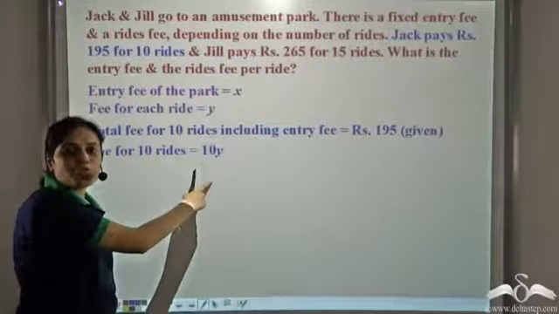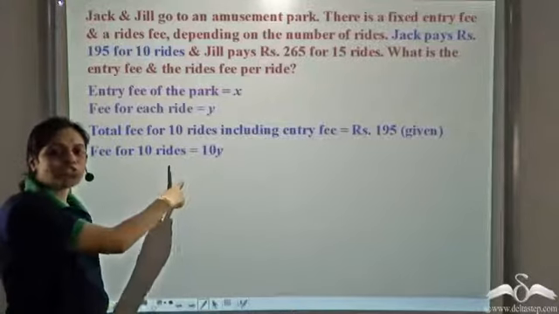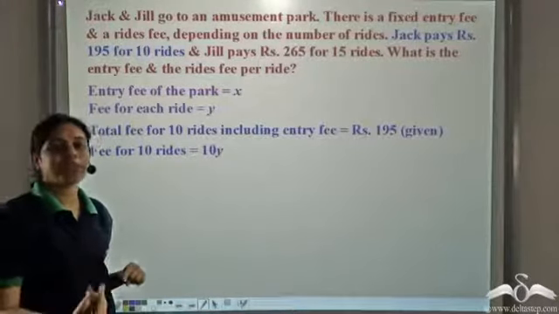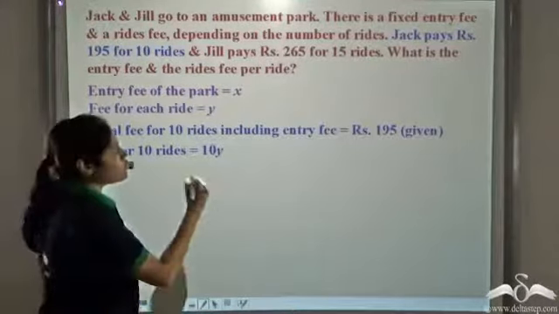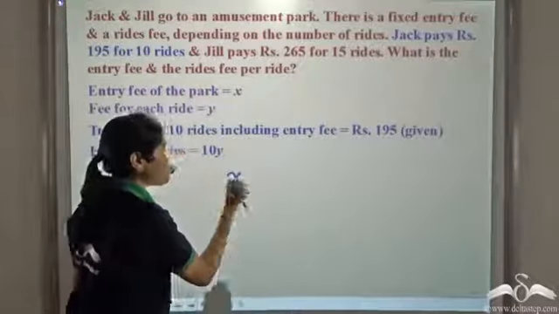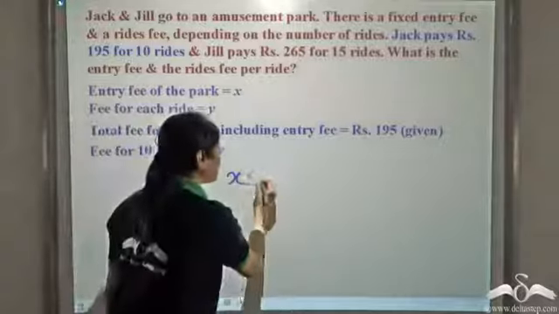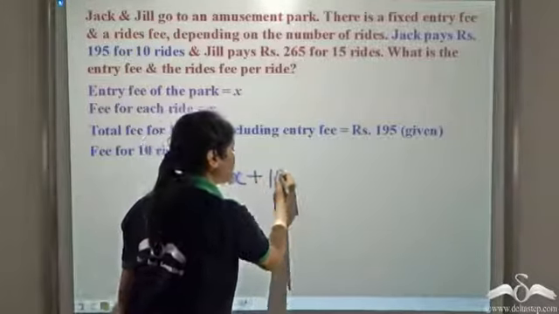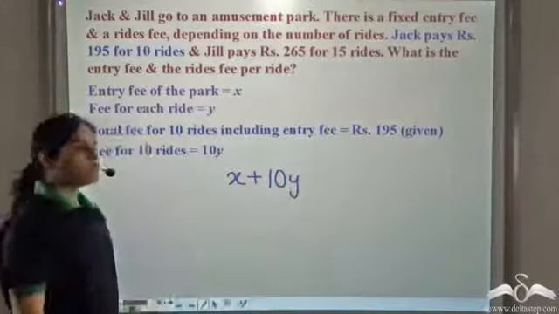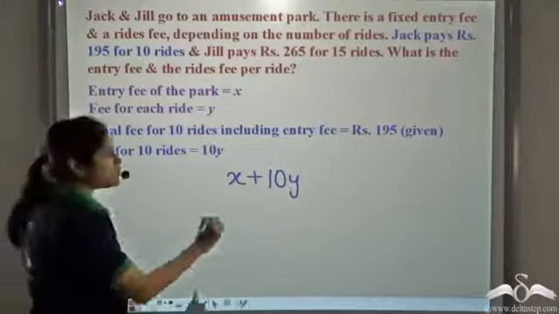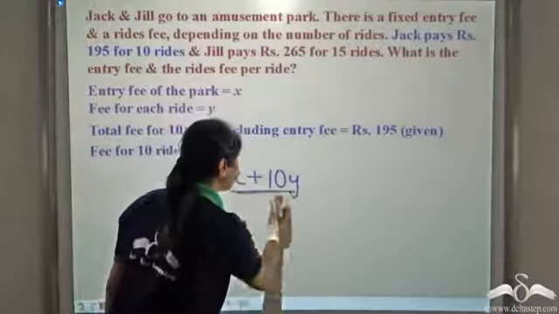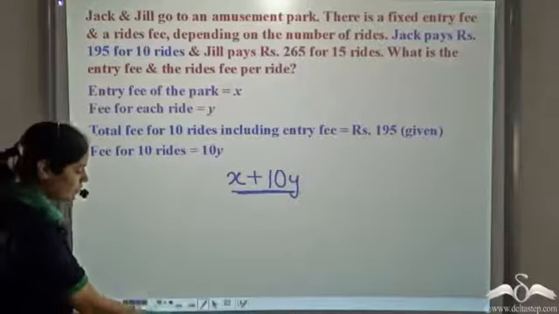But in addition to this, Jack also has to pay an entry fee to enter the park. So Jack enters the park by paying the entry fee of x and then he takes 10 rides by paying a fee of 10y. So this is the total fee paid by Jack.